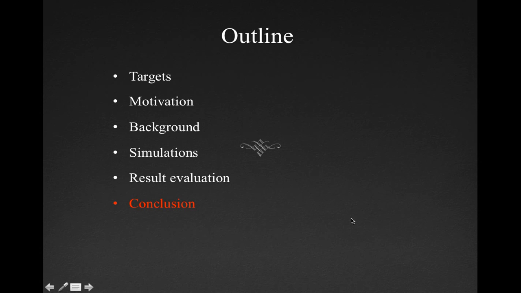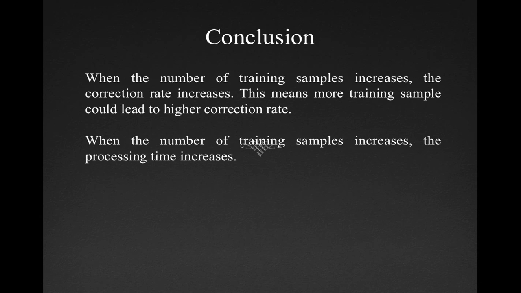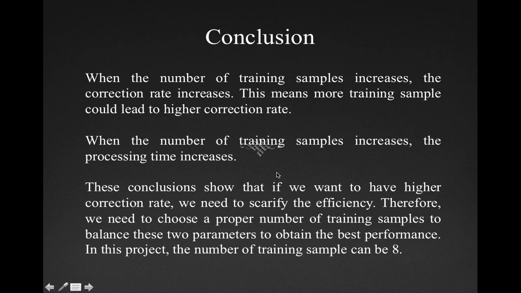Now I talk about the conclusions. When the number of training samples increases, the correction rate also increases. This means more training samples lead to a higher correction rate. When the number of training samples increases, the processing time also increases. This means the efficiency of the program gets lower.